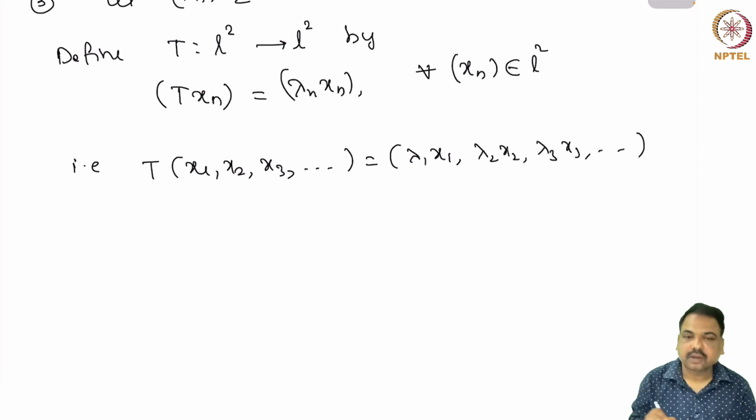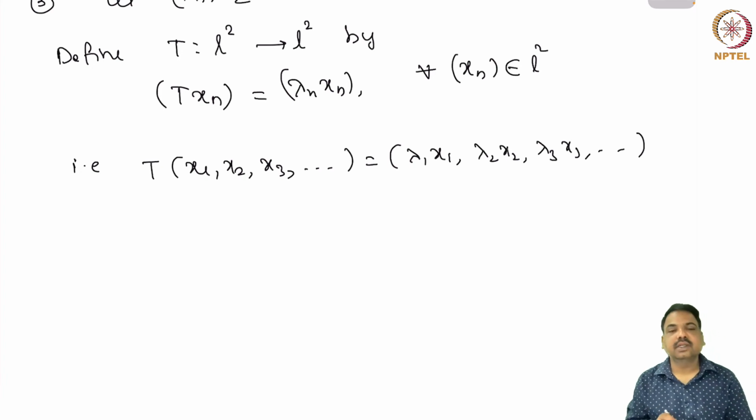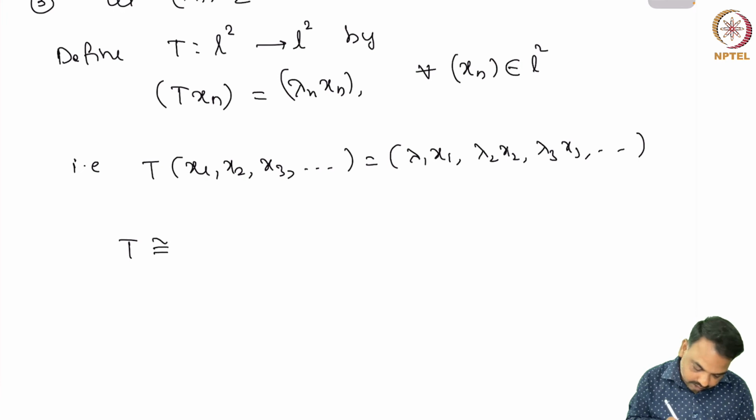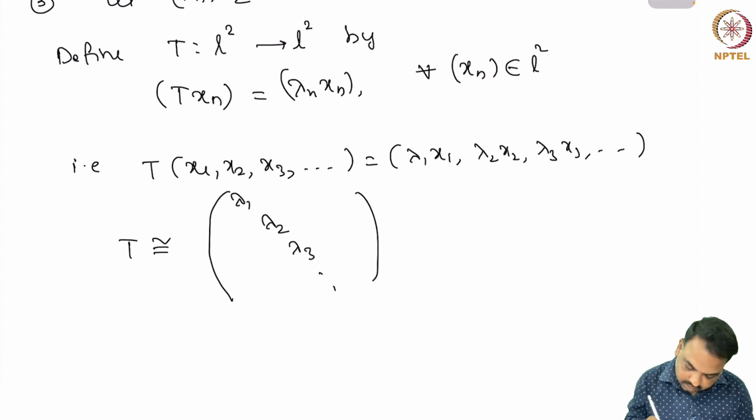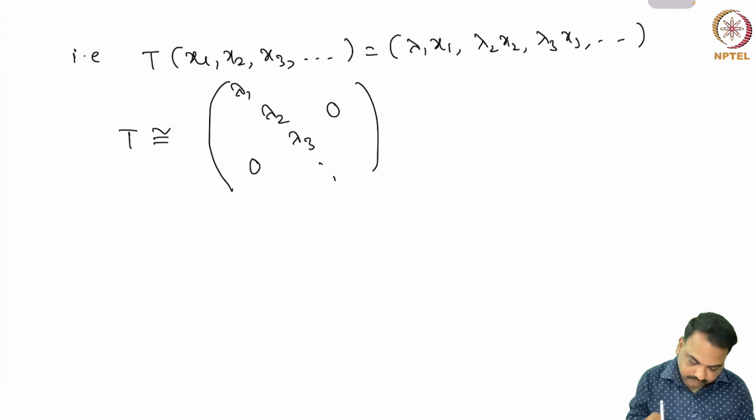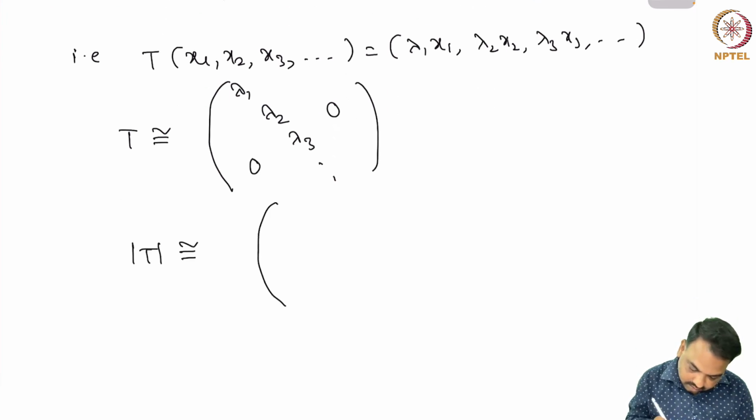Now the matrix of T with respect to the standard orthonormal basis of L2 is given by, I am not writing the basis here, but this is understood, the diagonal matrix λ1, λ2, λ3, and so on. So |T|, as we have observed earlier, is nothing but |λ1|, |λ2|, and so on, |λn|.